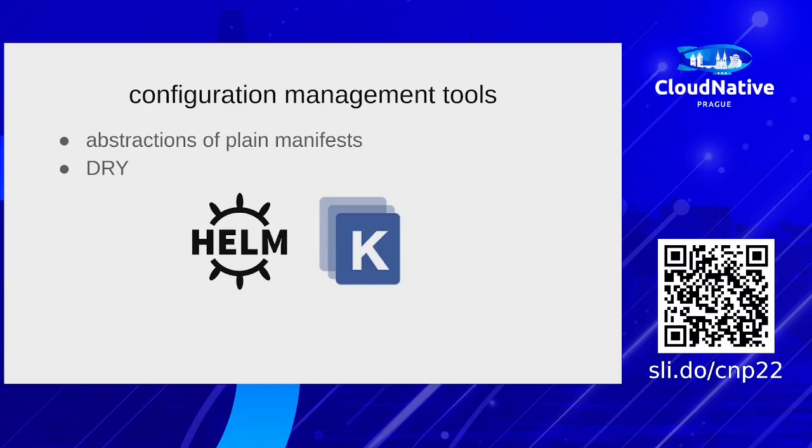Helm and Kustomize, I have the Czech pronunciation, are popular config management tools. Those tools are abstractions over plain manifests and allow you to define a common set of manifests and adapt them for different environments. We like them because it's DRY and they help us keep manifests concise and manageable.